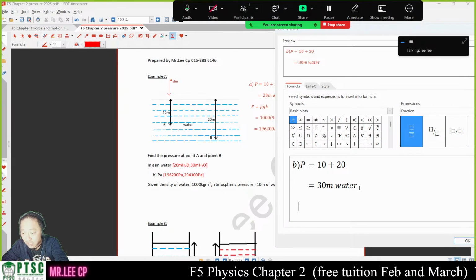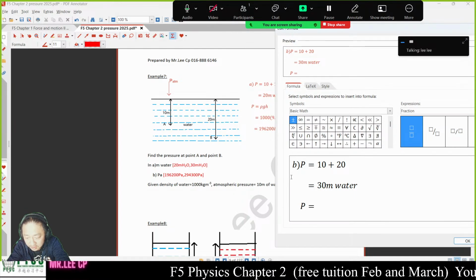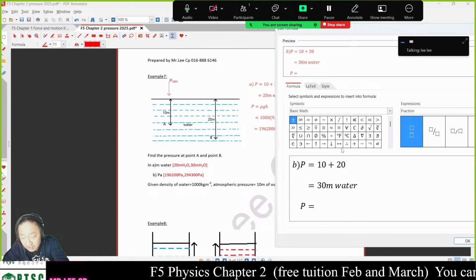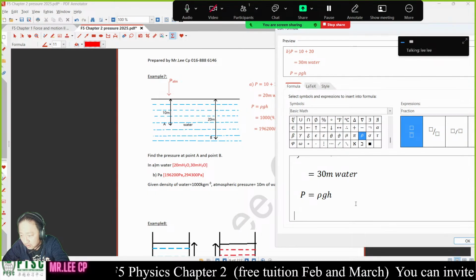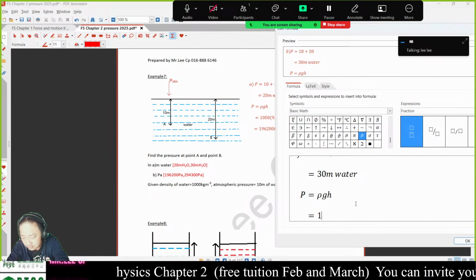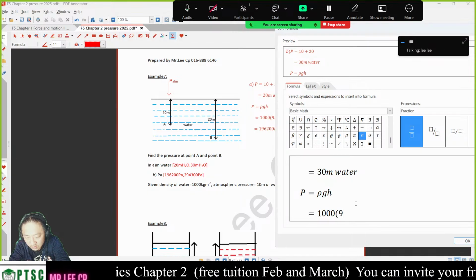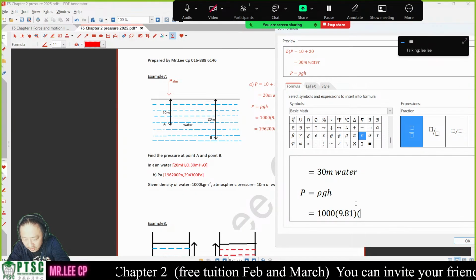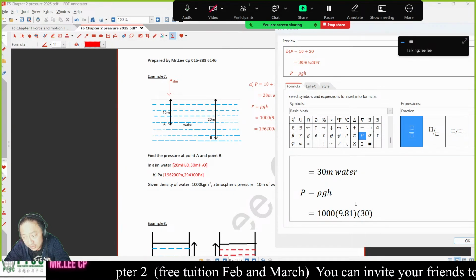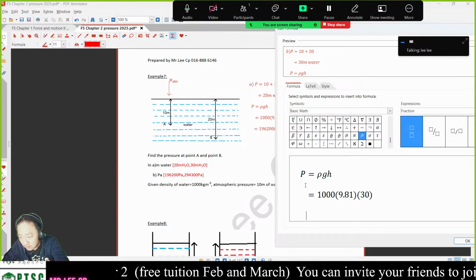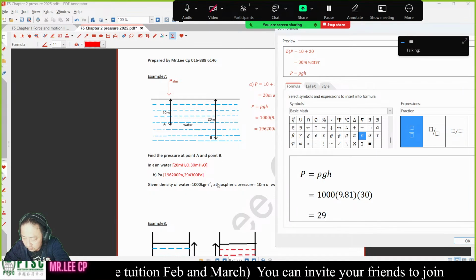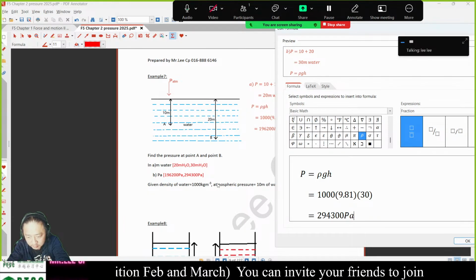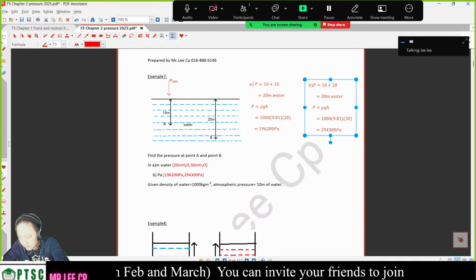So now I want to change it to Pascal. You need to use rho GH. Rho is 1000, G is 9.81, H is 30, must be in meters. I put it in and I get 2943. Unit Pascal.